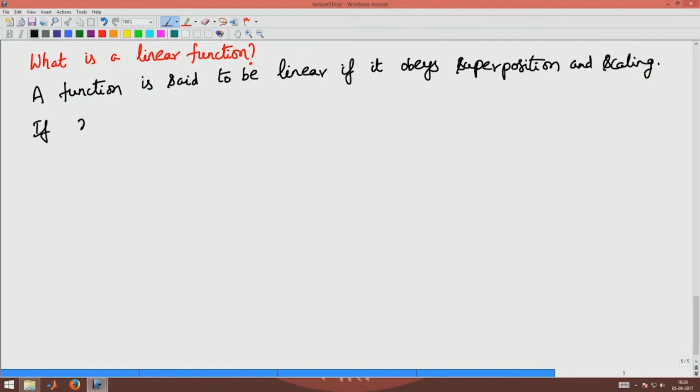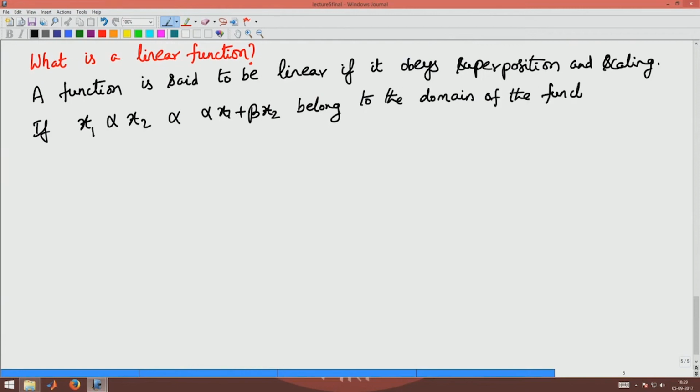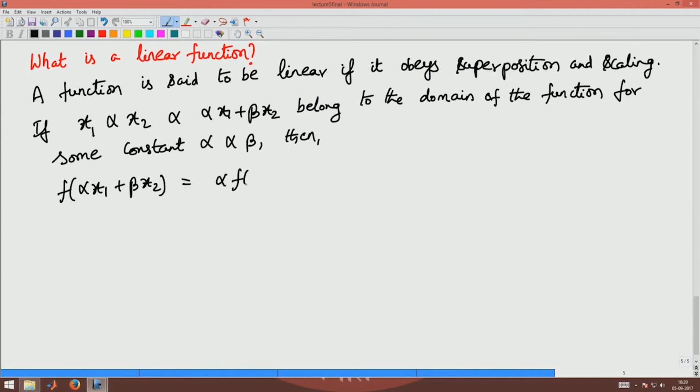If x1 and x2, and alpha x1 plus beta x2, belong to the domain of the function for some constants alpha and beta, then f of alpha x1 plus beta x2 must be equal to alpha times f of x1 plus beta times f of x2.